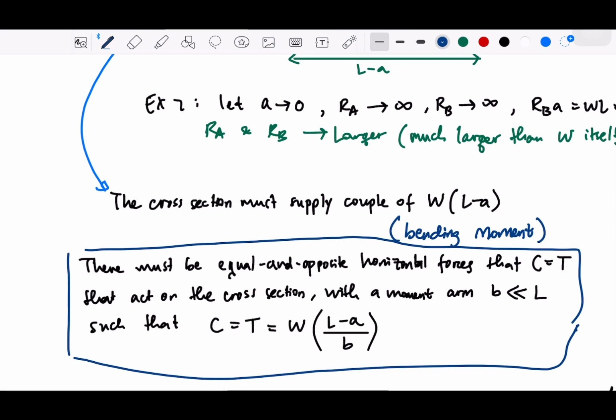What it means is that we need the resultant force. If we use our hands, then our hands need to apply forces equal to or greater than this magnitude value.